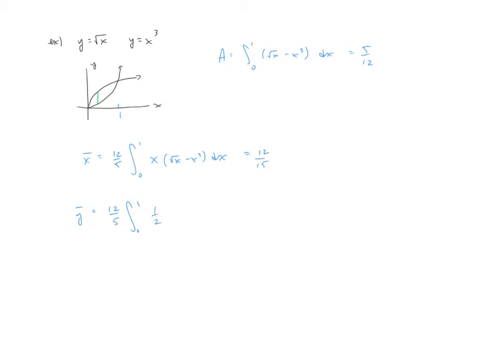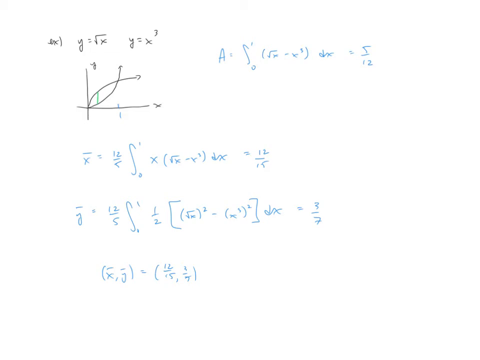And for this case, it's going to be the top squared minus the bottom squared, followed by our dx. That ends up being 3/7. So our ordered pair, x bar, y bar, would be 12/15, 3/7. This is where the center of mass would be for this particular homogeneous lamina, hence the centroid of this particular problem.